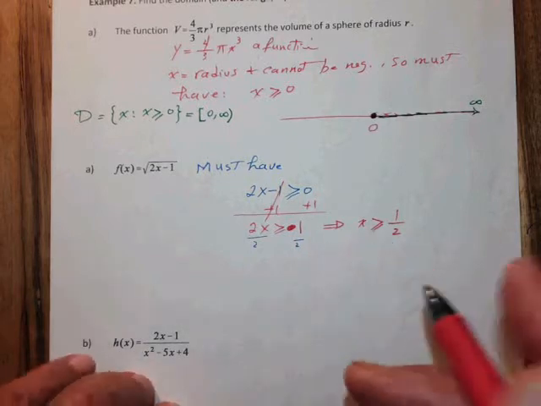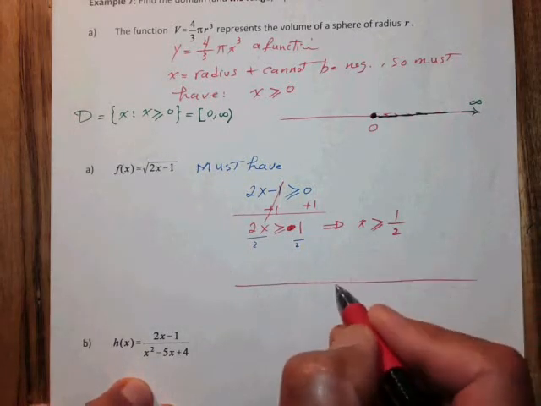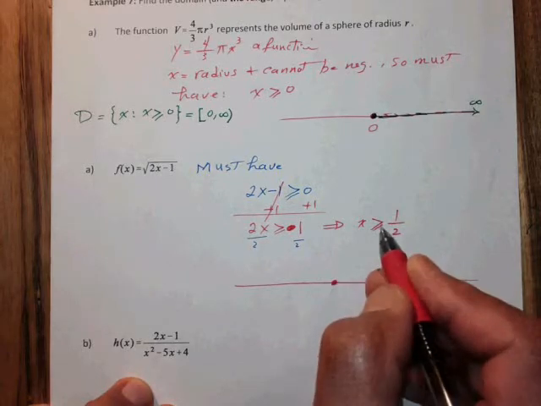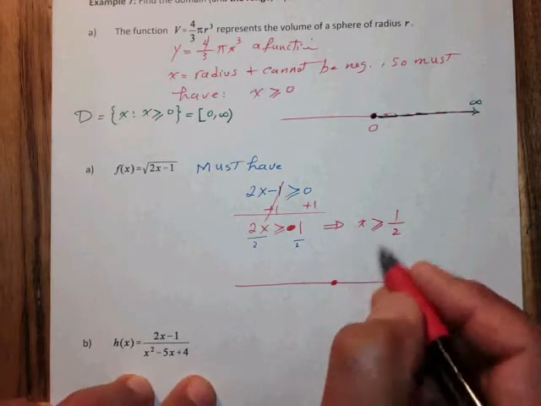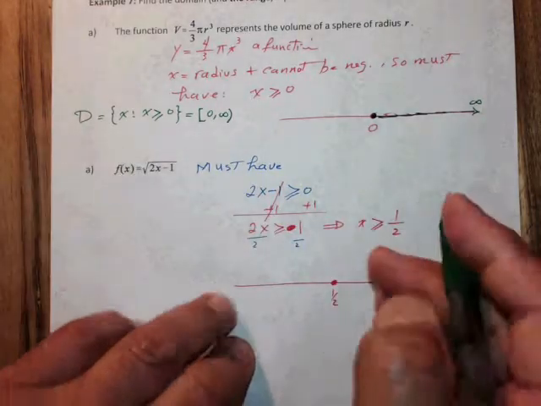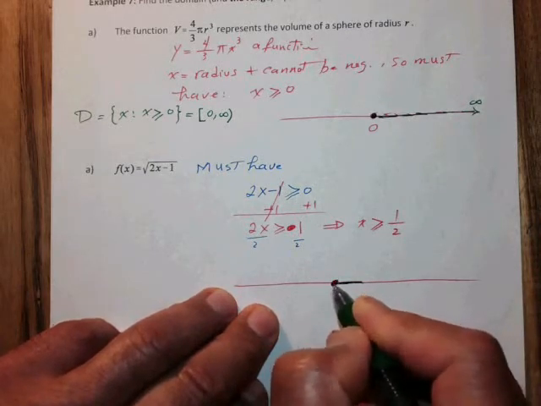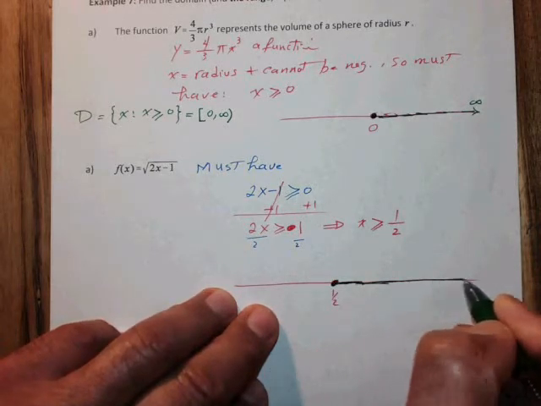Okay. So if you want to draw the graph of your domain, just choose one point here, a solid point, because you have equality at 1/2, and then x bigger than or equal to 1/2 says everything to the right, everything bigger than 1/2. So this would be your domain.